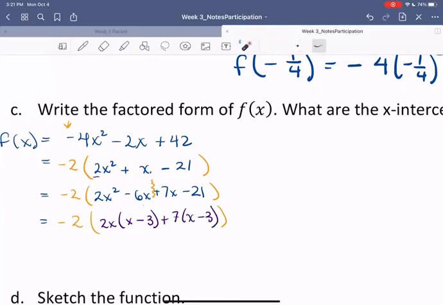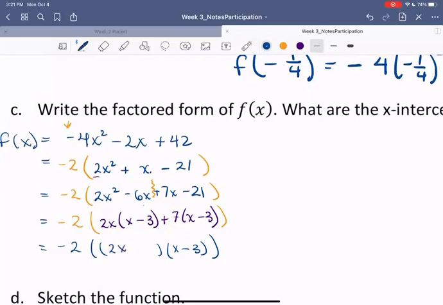So the beautiful thing happens here. I now have an x minus 3 term in each term in my sum. So I can factor out that term. So I get -2 times, I'll bring out my x minus 3 over here. And then inside here, I still have my 2x and my plus 7.